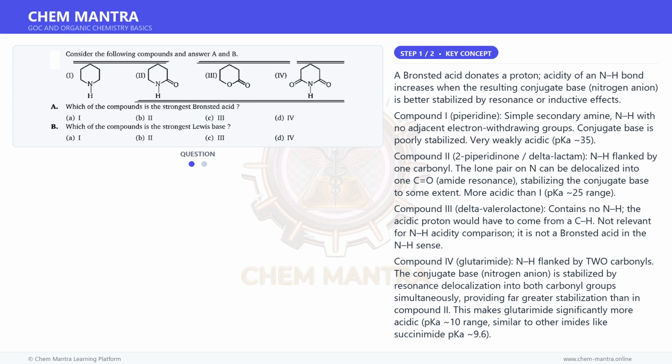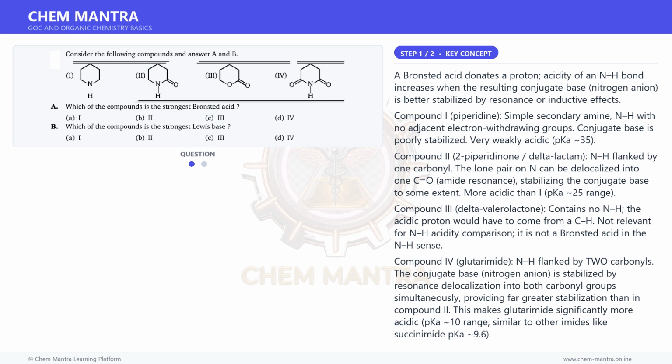Compound 4, glutarimide, has an NH flanked by two carbonyls. The conjugate base, the nitrogen anion, is stabilized by resonance delocalization into both carbonyl groups simultaneously, providing far greater stabilization than in compound 2.